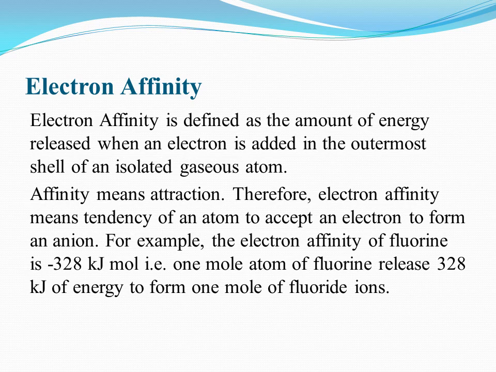Anion means negative ion. For example, the electron affinity of fluorine is minus 328 kilojoule per mole. One mole of atoms of fluorine releases 328 kilojoules of energy to form 1 mole of fluoride ions.